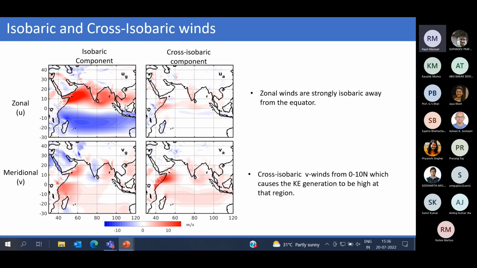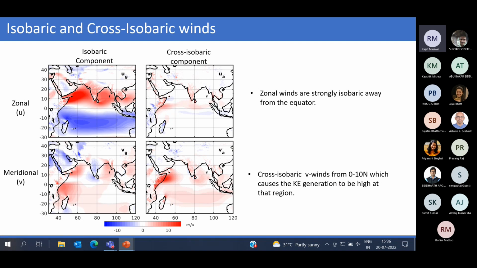Before going to the budget terms, let's look at the isobaric and cross-isobaric winds. These winds are calculated using a simple projection of winds onto the geopotential gradient directions. On the top two panels are the isobaric zonal wind and the cross-isobaric zonal wind.